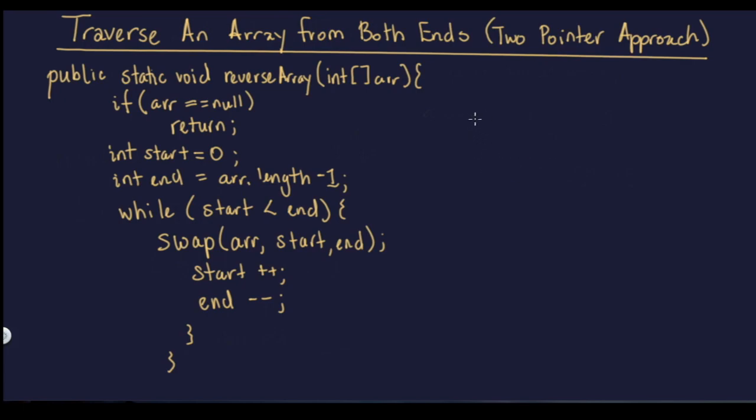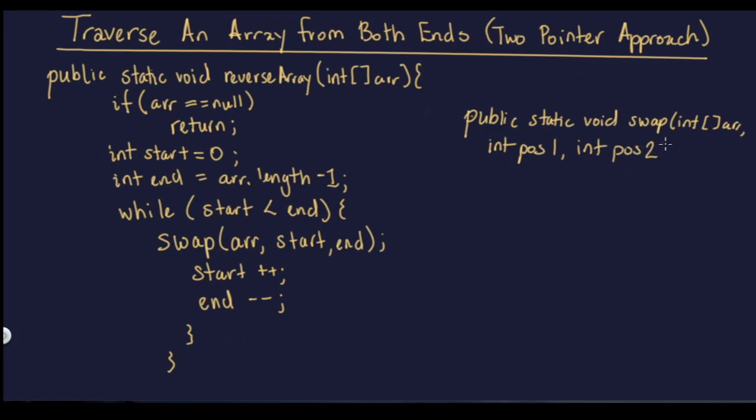So this is another void return type because we're doing in place work. So public static void swap, and we take in an int array, and we have int position 1, and int position 2. And it's very simple. What we need to do is declare a variable called temp.